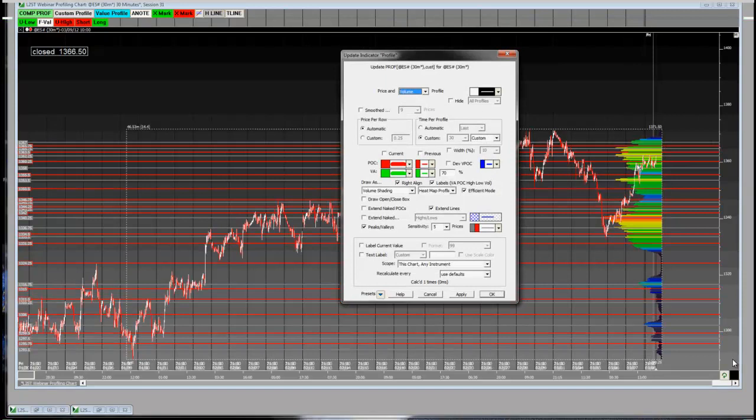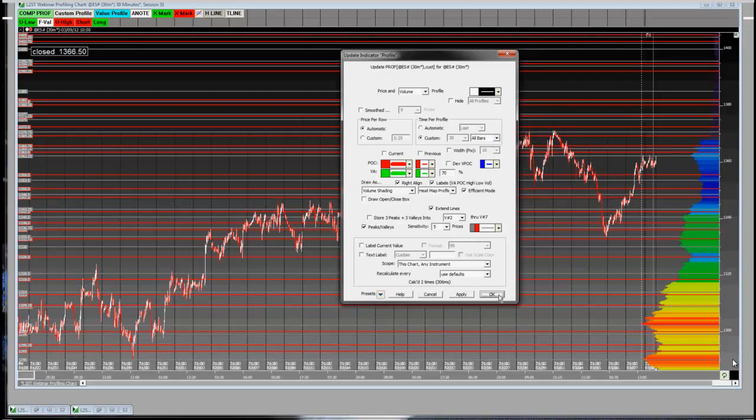Now, once I've drawn a profile on this chart, and I've set this longer time frame chart to begin at that major high for the mini S&P, I can now set this profile to take into consideration all of the volume that's traded for all of the bars on this chart. So you go to the time per profile section and you change this to all bars.